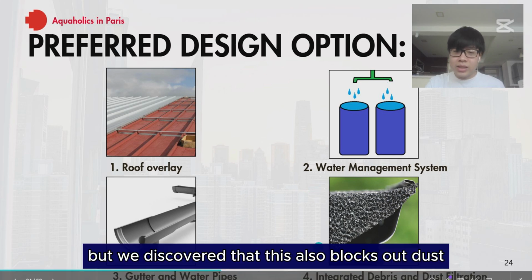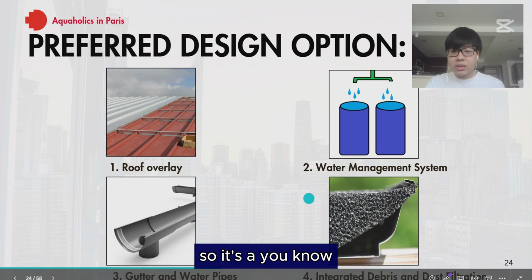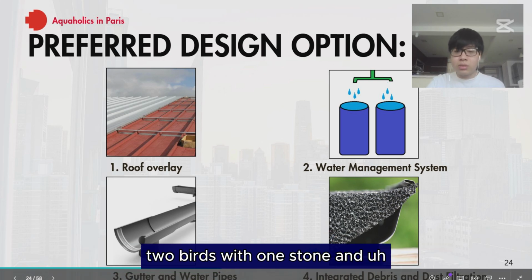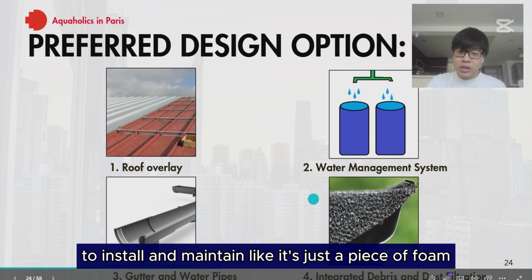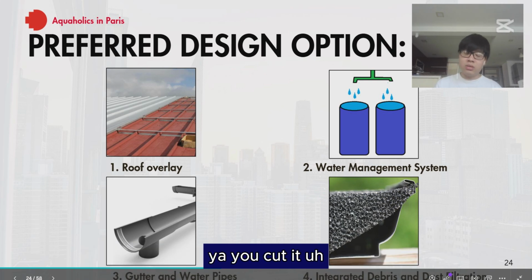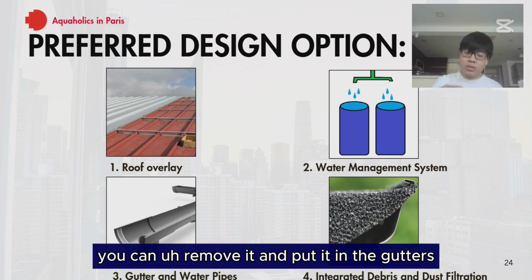But we discovered that this foam also blocks out dust, so it's two birds with one stone. Due to its nature, it's surprisingly easy to install and maintain. It's just a piece of foam. You cut it to size, and then you can remove it and put it in the gutters, no problem.